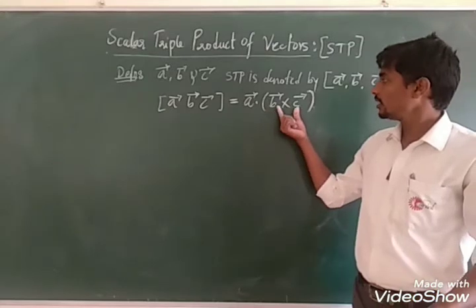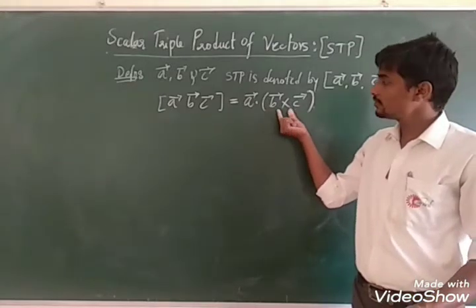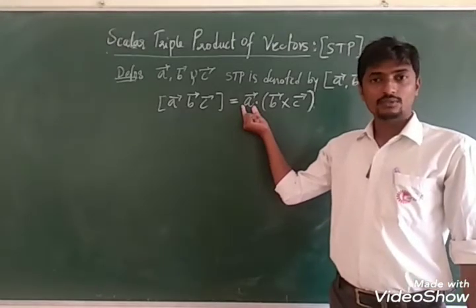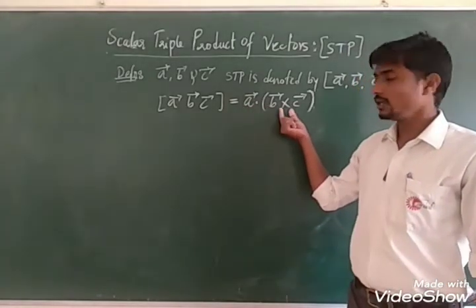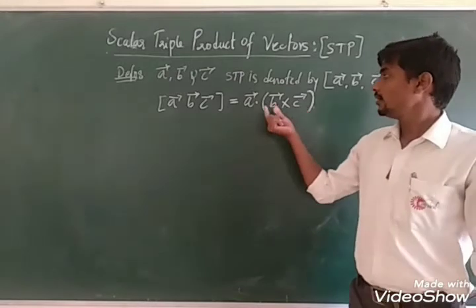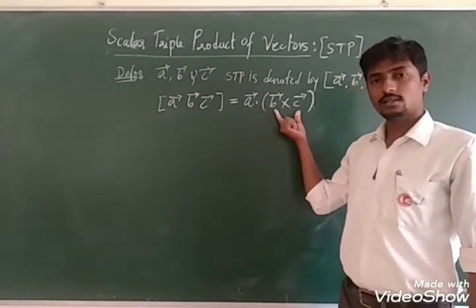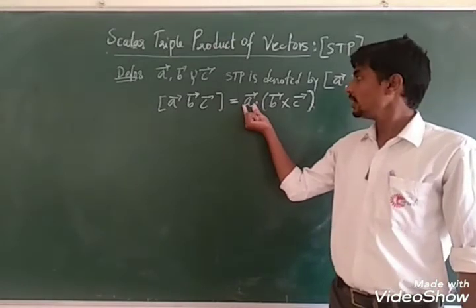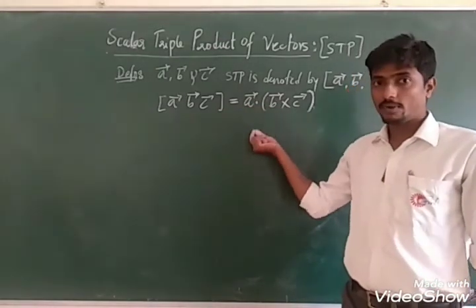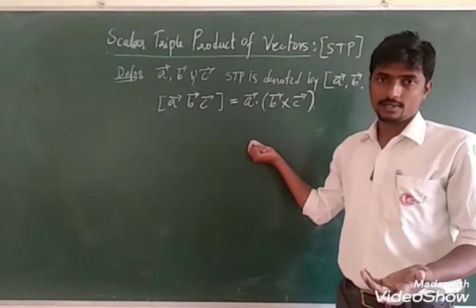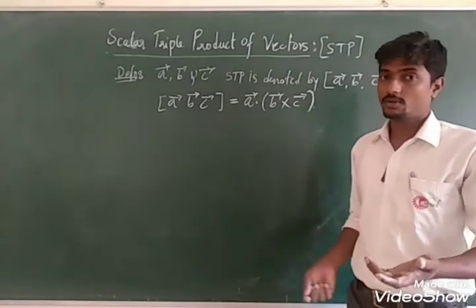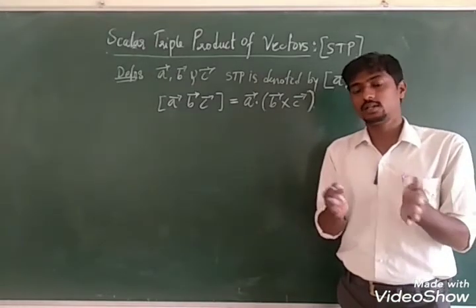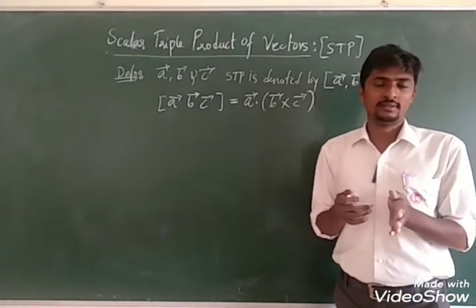Then we have the dot with A. So A dot B cross C provides a scalar, because we know the dot product of any two vectors is always a scalar quantity.